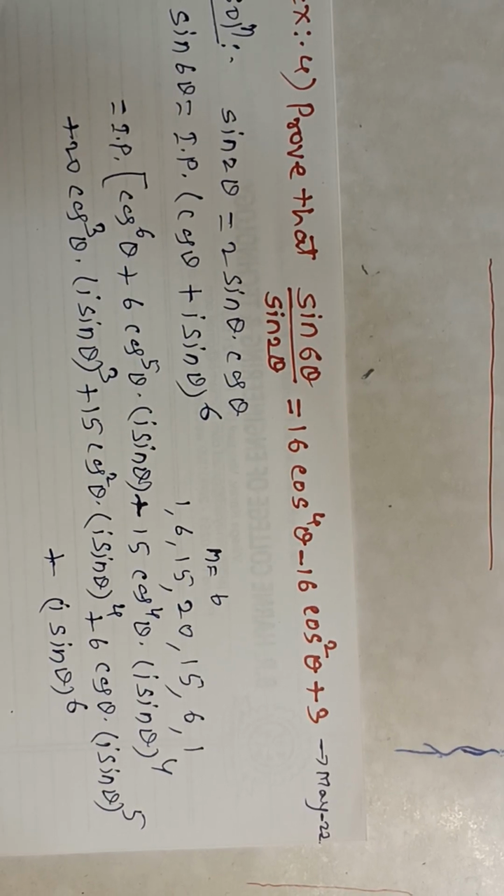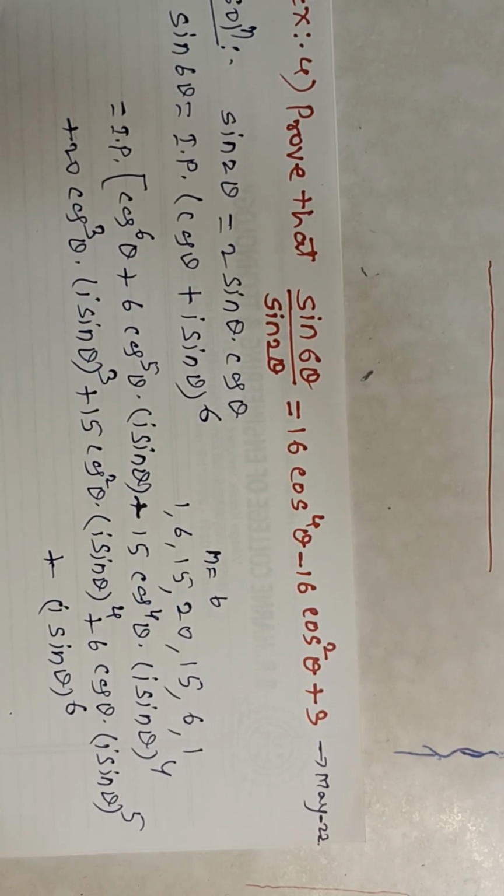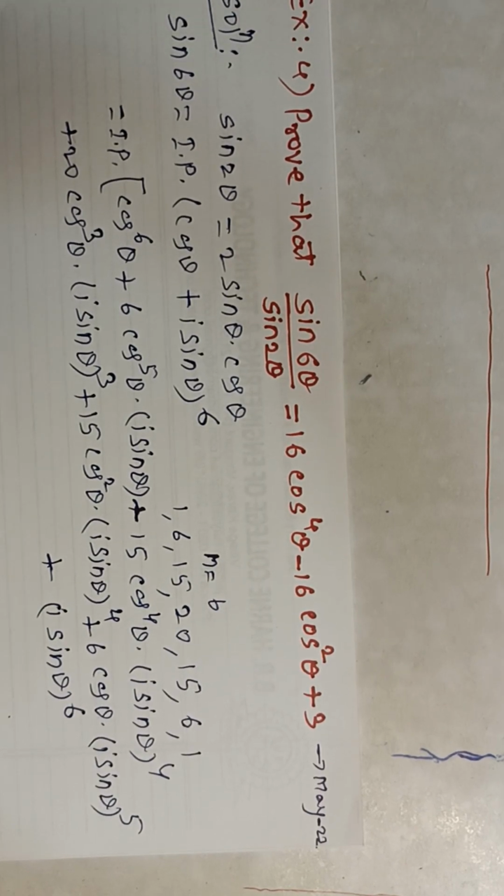Considering values of i to the power n, you know i square is minus 1, i cube is minus i, i to the power 4 is 1. Means 1, i, minus 1, minus i; the same values repeat.